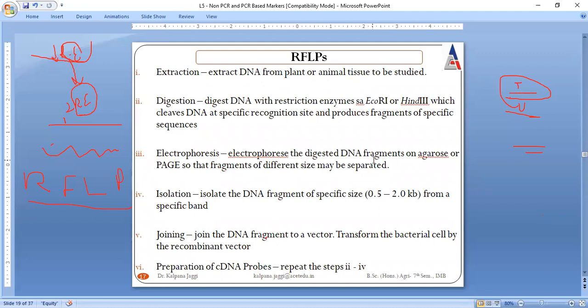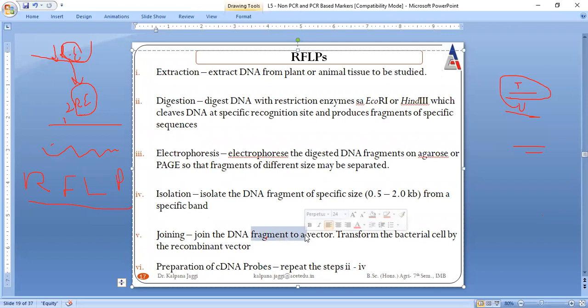After digestion, the digested DNA is separated on the basis of size. Then we isolate the one that is required, that means of a specific size. We join it into the vector, and we transform the recombinant vector, and in this way cDNA probes are prepared when steps 2 to 4 are repeated again and again.